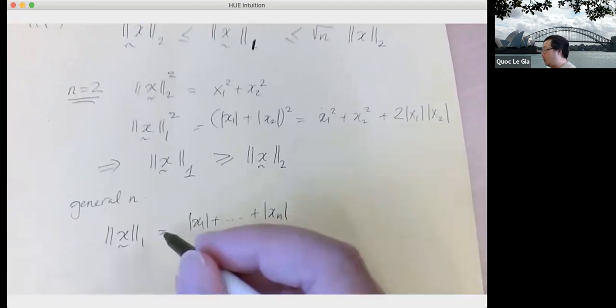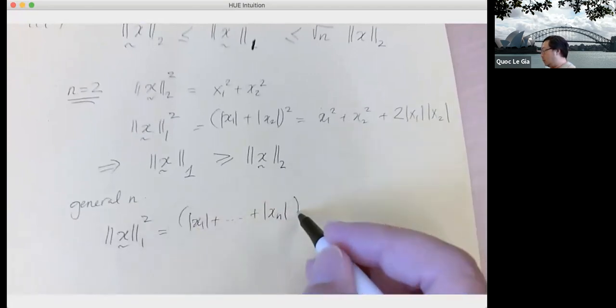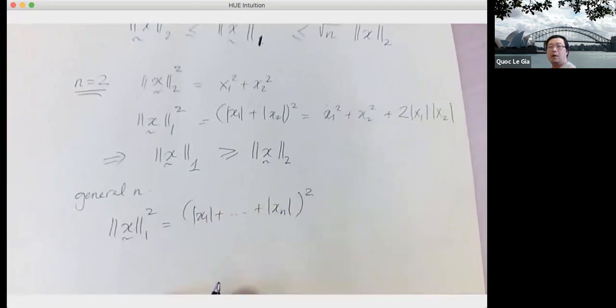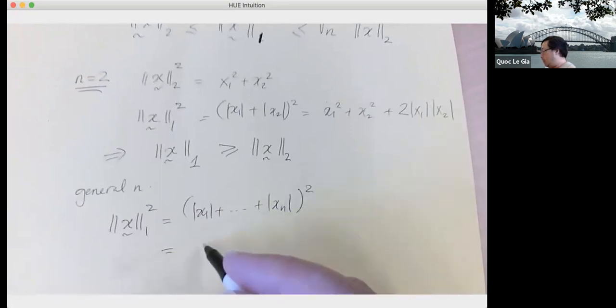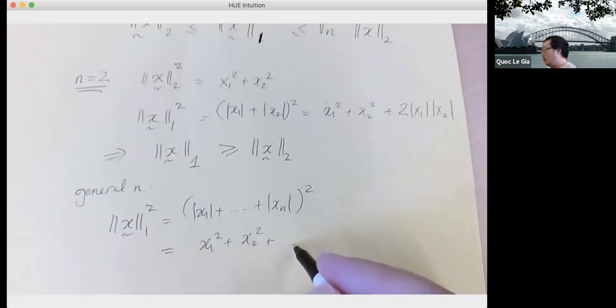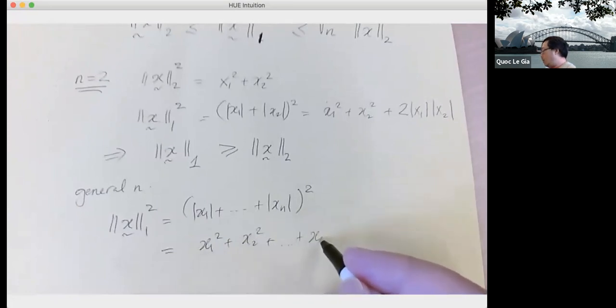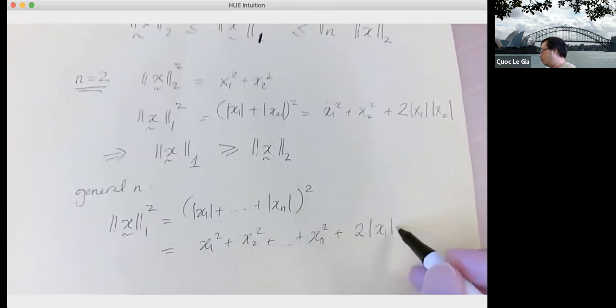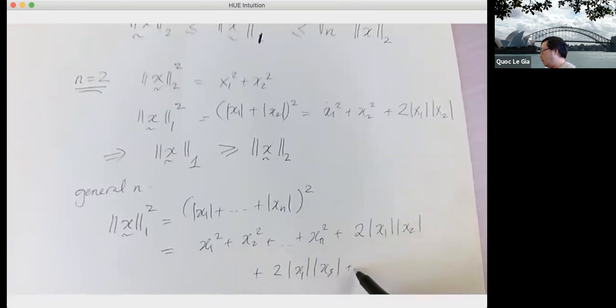And now when I square it, you have x1 square plus x2 square up to xn square, plus 2 times the cross terms, x1 x2, x1 x3, and so on.